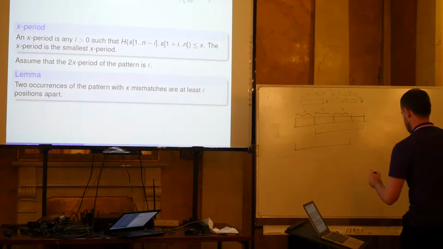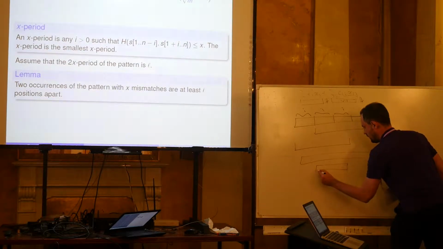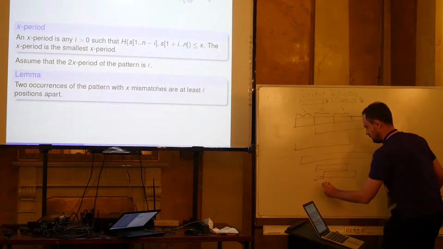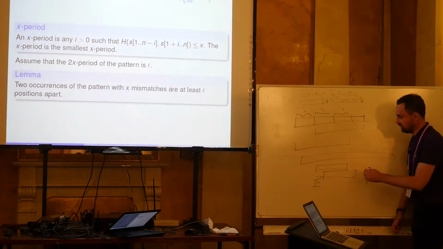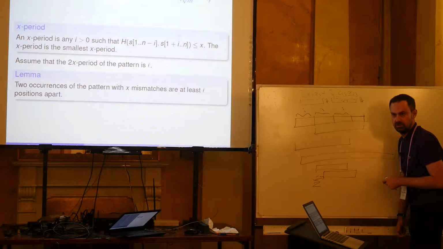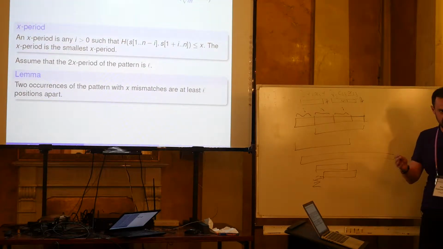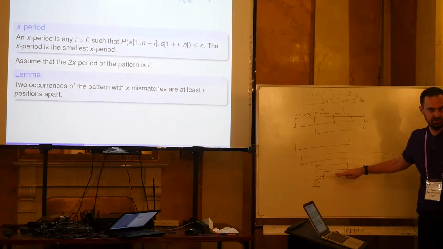Because I have my text, I have one occurrence and some other occurrence, and this is z. But then it means that in the pattern, the character at position 1 is the same as at position 1 plus z, and so on and so forth. So for the exact version, if I have two occurrences of the pattern at offset z, then z is a period. Make sense?